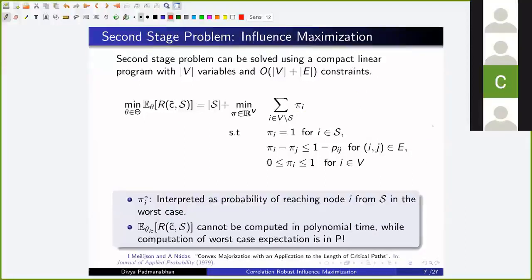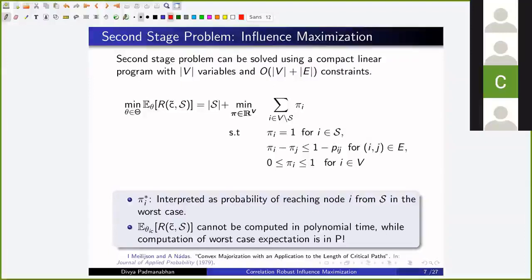One thing I also want to mention is that these pi i variables have some nice interpretations. In particular, we can show that these pi i's can be interpreted as the probability that you can reach a node i from S in the worst case.